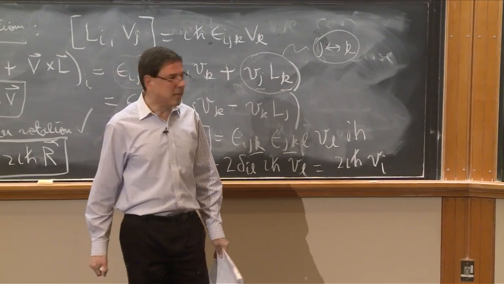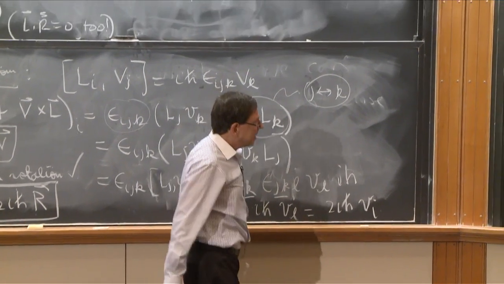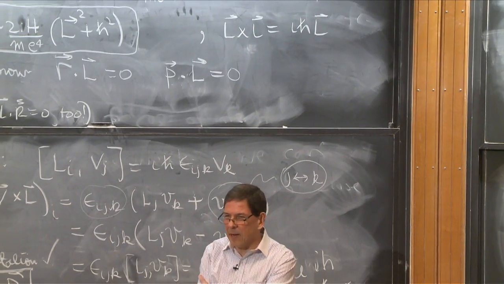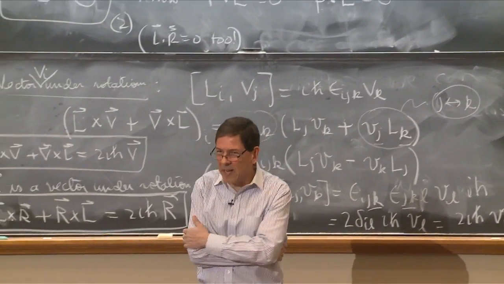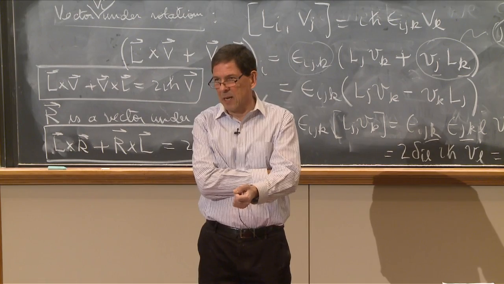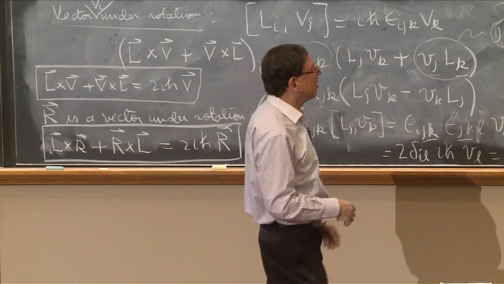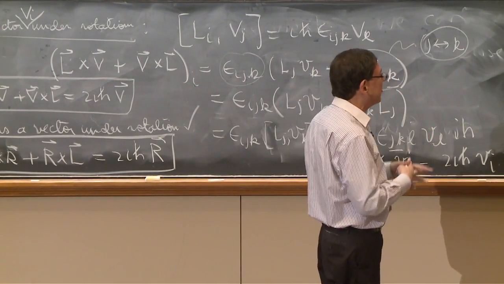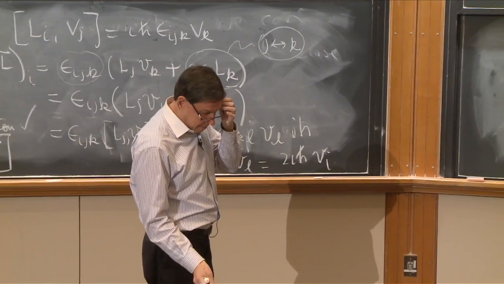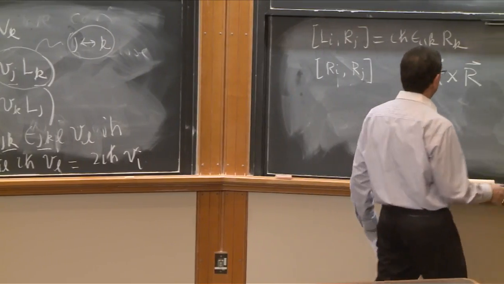So we need to know what R cross R is, just like L cross L. Now, R is not likely to be an angular momentum. It's a vector, but it's not an angular momentum. It had nothing to do with it. It's more complicated. So what is R cross R? Quantum mechanics. Classically, of course, would be 0. So first thing is you think of what this should be.